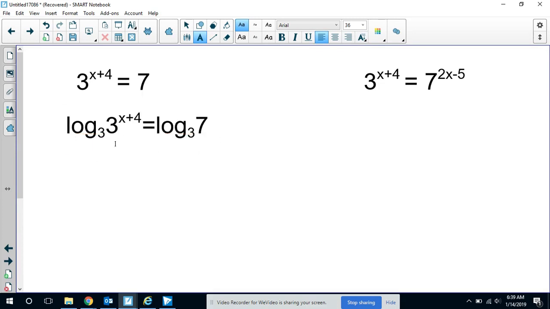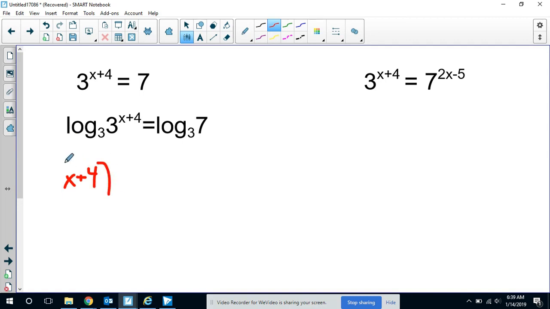Now if I have log base 3 of 3 to the x plus 4, I can rewrite that as x plus 4 times log base 3 of 3 equals log base 3 of 7.